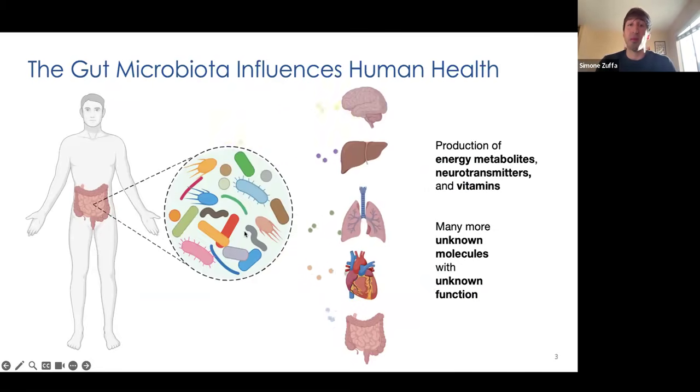And these bacteria and other microorganisms produce hundreds or thousands of molecules that can reach every organ in our body, and then they can influence our metabolism. These bacteria can produce very important energy metabolites, neurotransmitters, vitamins, but what is more interesting is that they are probably producing many more unknown molecules for which we have no idea of the function yet.